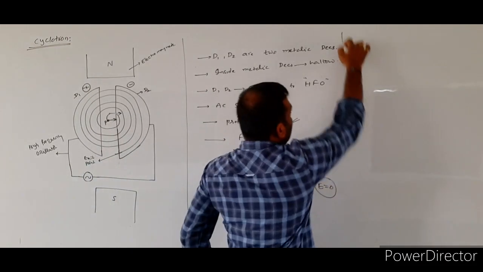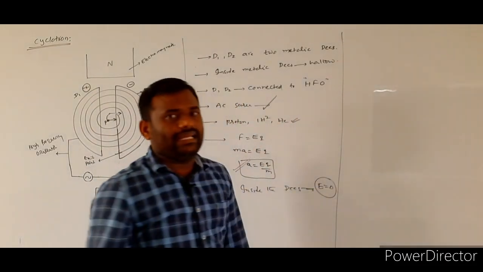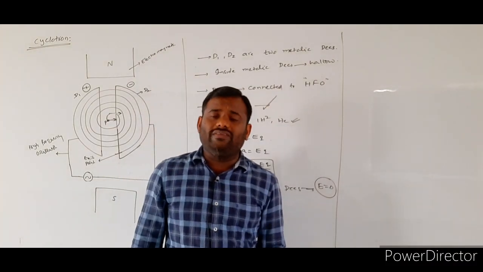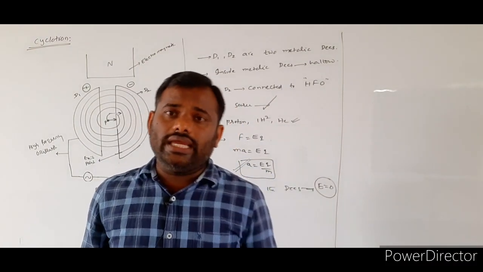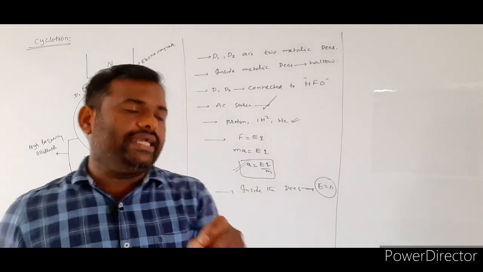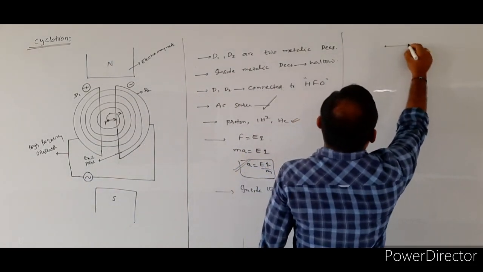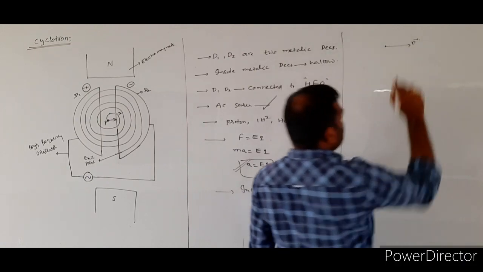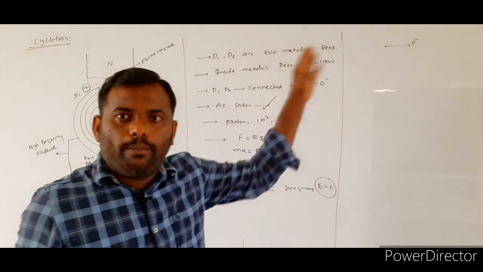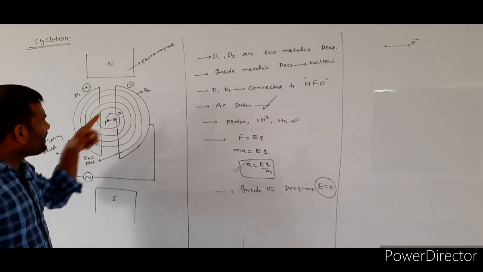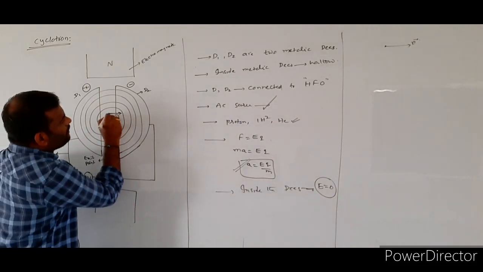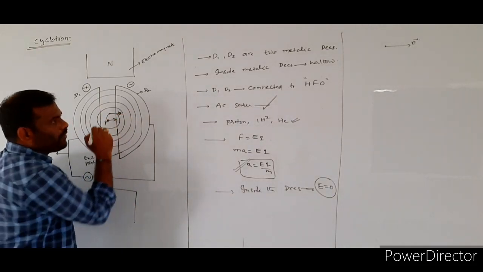Okay. Now, whenever the charged particle enters the metallic disc, from the given diagram, this is the direction of the motion of the charged particle. If you look at the diagram, the charged particle is moving horizontally at this point.